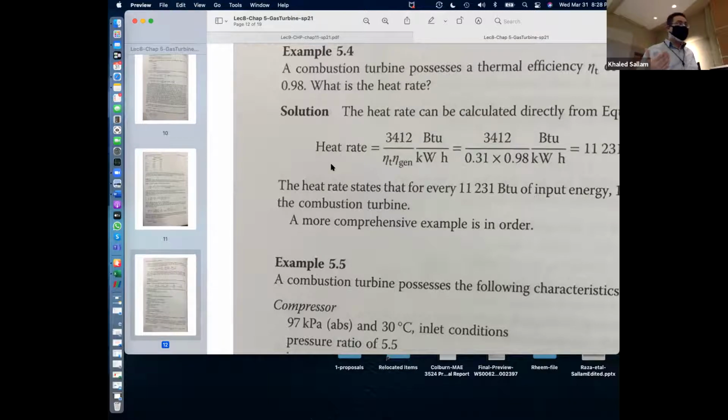They care about this number because the heat rate is how much they pay divided by what they sell. They pay for the natural gas and they sell the electricity. So they look at Q added divided by the work.